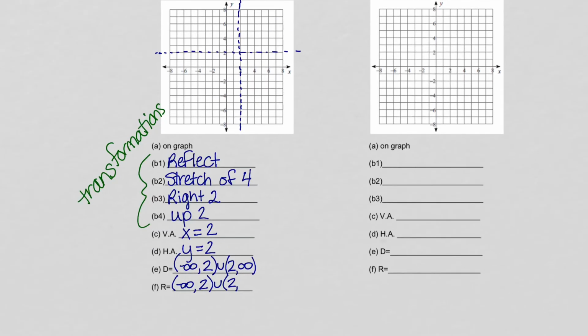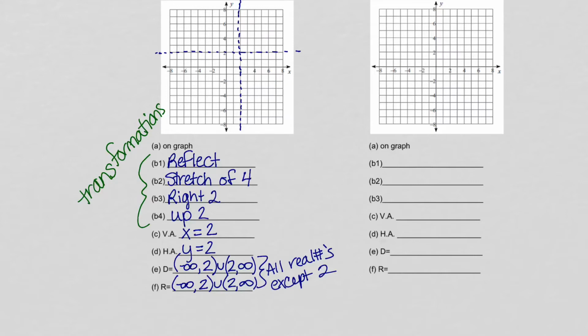That's why I'm on the arrow. To infinity, right there. Now remember, both of these in this case both mean all real numbers except 2. So in the domain, except x equals 2, in the range, y doesn't equal 2.